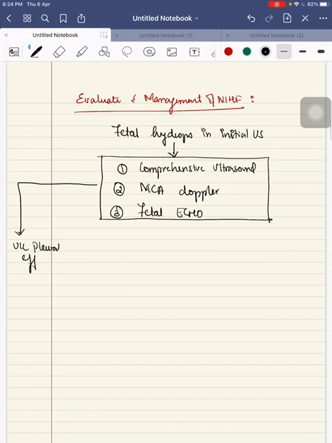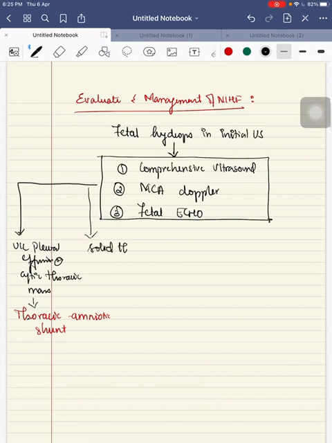In this, if the fetus has a unilateral pleural effusion or cystic thoracic mass, as I told in the fetal therapy, you can proceed with a thoracic amniotic shunt.